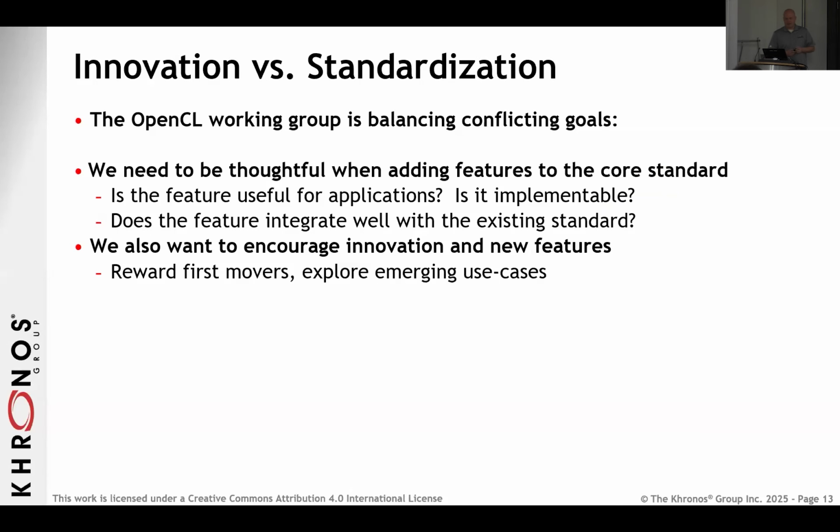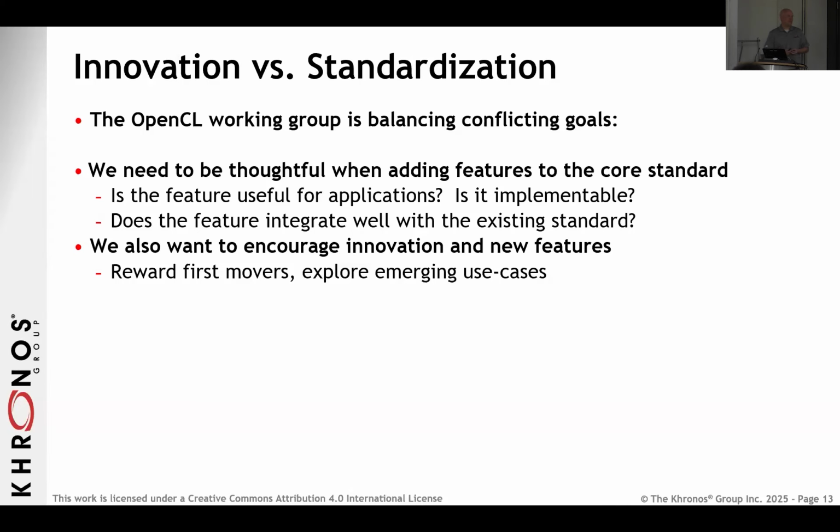So to start out, just a commentary about innovation versus standardization. One of the things that I've learned working in the OpenCL working group is that we're frequently balancing conflicting goals. We do need to be thoughtful when we're adding new features to the standard to make sure that we're adding features that are useful to applications, that are broadly implementable, and that they integrate well with the existing standard.